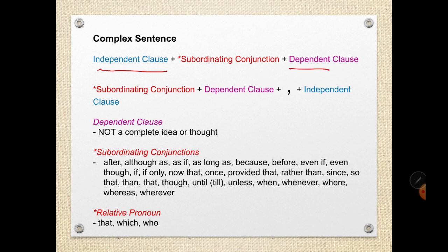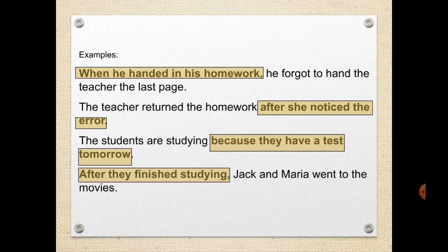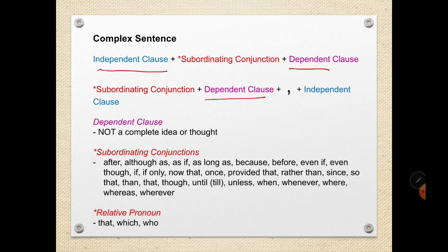Now, if you start the sentence with a dependent clause, you need to have a comma between the clauses. Again, the subordinating conjunction will always come before the dependent clause.